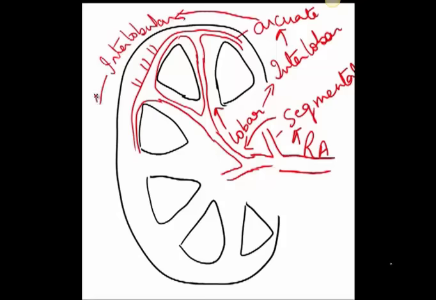And from the interlobular, you have many afferent arterioles, which I'm going to draw like that, and which go to the glomerulus. So that's the pathway. It goes from the renal artery to the segmental, to the lobar, interlobar, then arcuate, and then interlobular and afferent arteriole.